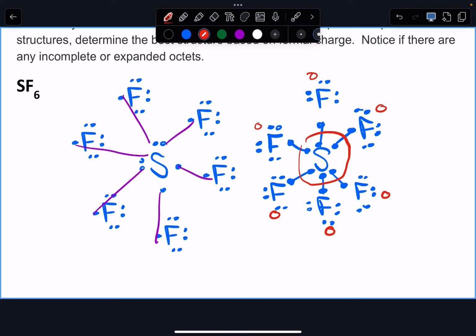Okay? Sulfur started with 6. It still has 6. So it is also a 0 formal charge, even though it doesn't have the expected bonding. So if it fits the bonding you expect, you know it's 0. If it doesn't fit the bonding you expect, check it. It might be 0, it might not be.